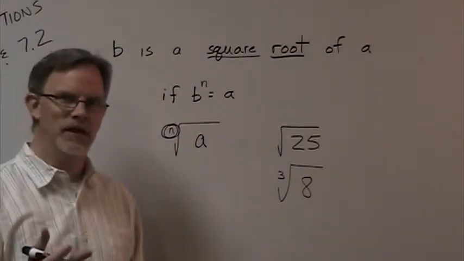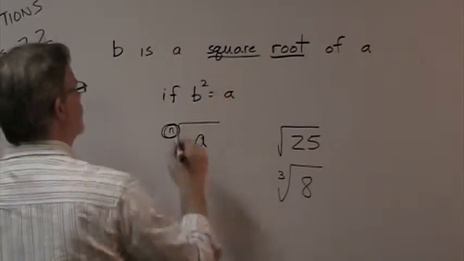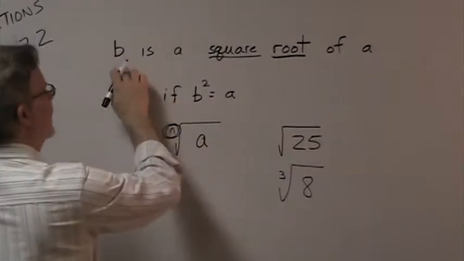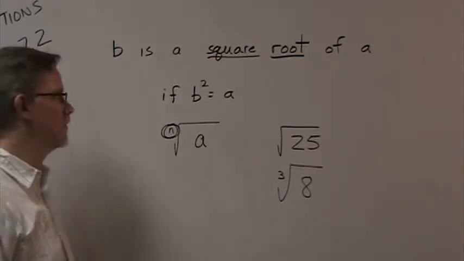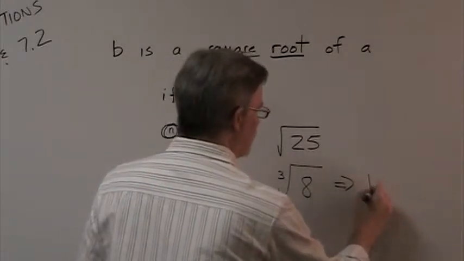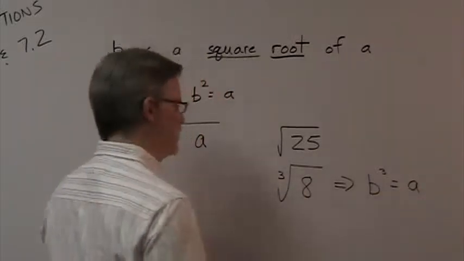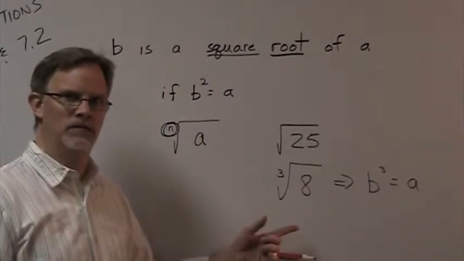But what does that actually mean? Well, in the same way that up here we said that if b squared was equal to a, then b is a square root, then if b cubed is equal to a, this is a cube root.